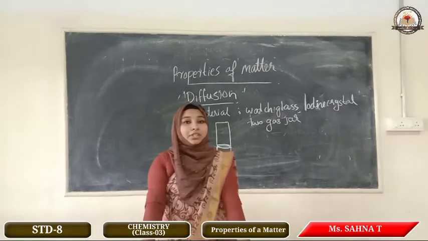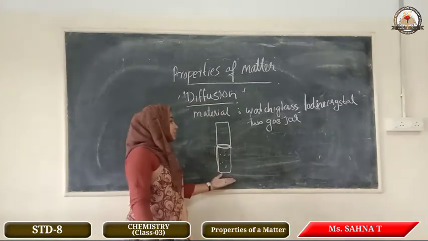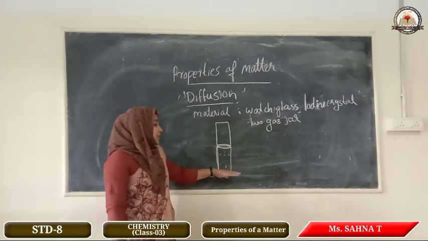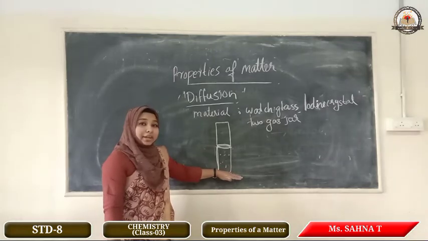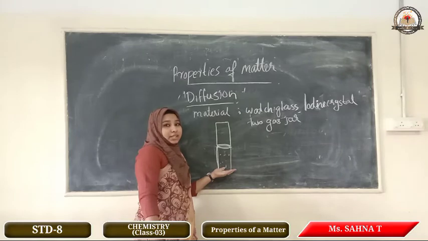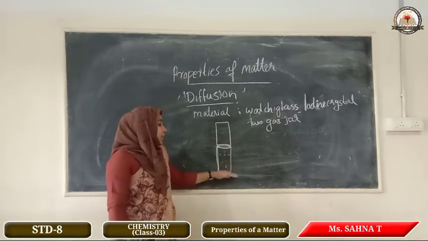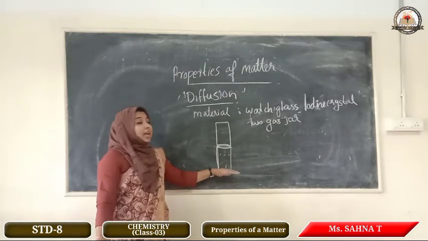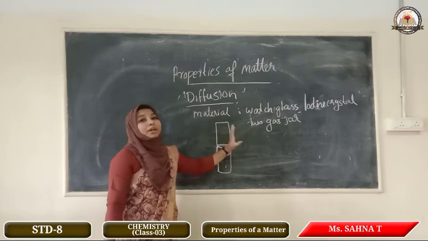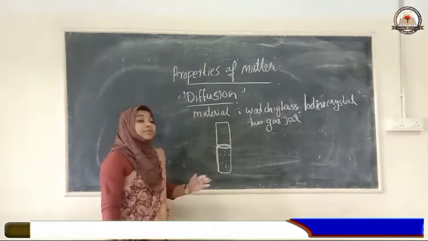What will be the observation? Do you have any guess? Yes. The color of iodine vapor will fade in the lower gas jar, and in the upper gas jar the color will be more bright. Why is this?